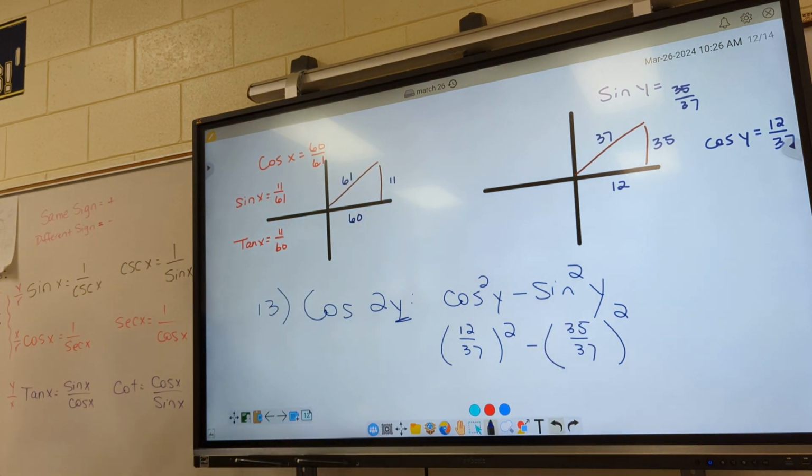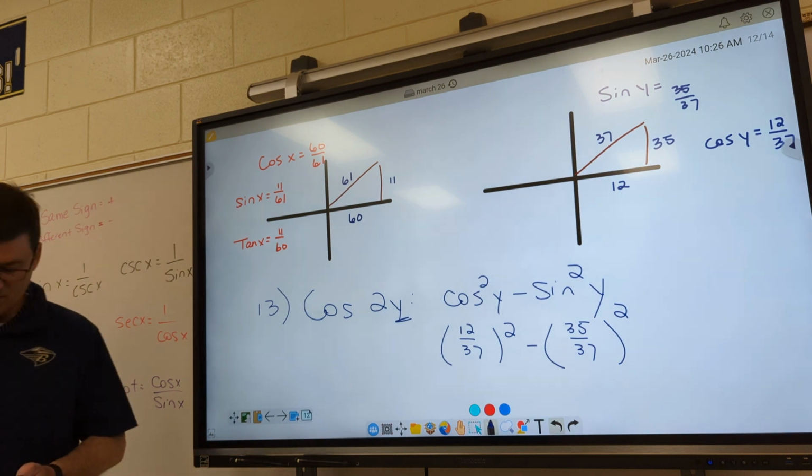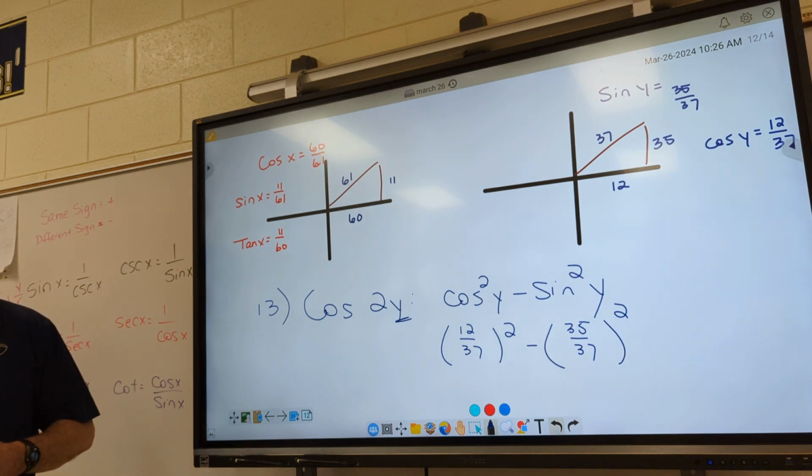Type that in your calculator, and I'll probably make it a decimal again. Oh, you have to square them? Formula says you have to square them on this one. So 12 over 37, square it, minus 35 over 37, square it. Make it a decimal.